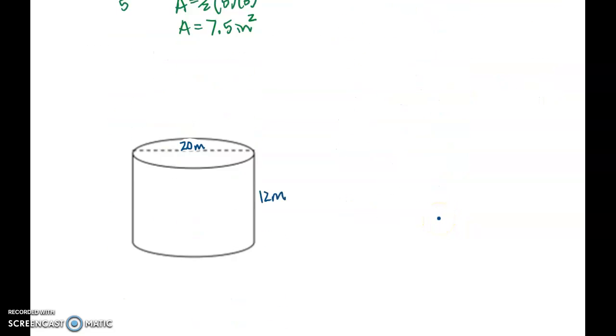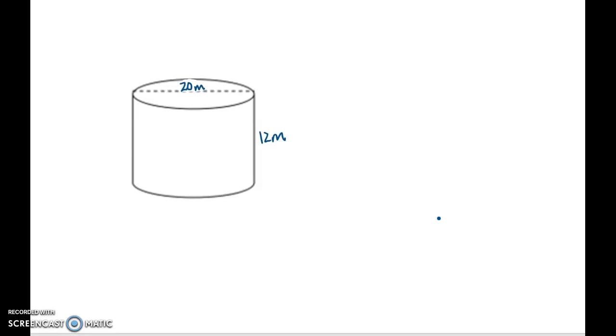All right, let's take a look at our cylinder. What is the base shape for the cylinder? Well, this one looks like it's sitting up and down, so maybe we could consider that our base shape is a circle. If it were on its side, I would still say it's a circle because the circle is the shape that's being repeated and pulled apart 12 meters. So let's write our formula over here.